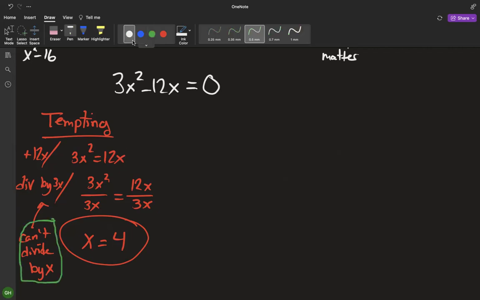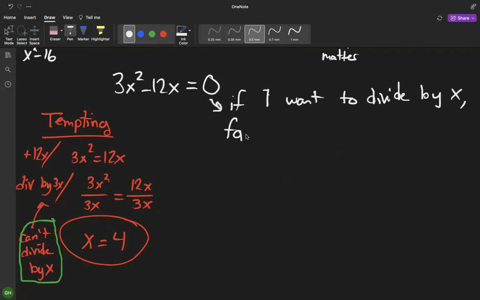There is a way you could edit it to think like this and still get the right answer, but I think that just confuses things. So I'm just going to say that anytime I want to divide by x, factor it out instead.